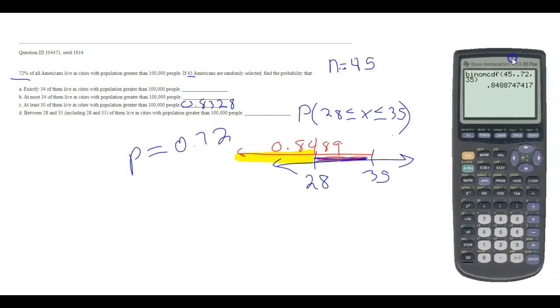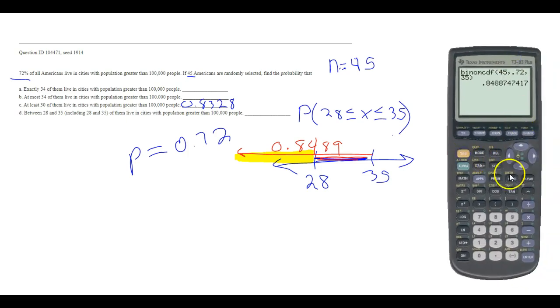So I'm going to go back to my distributions, back to my binomial CDF. There's the number of trials, comma, the probability, comma. Now I want 28 to be in the part I'm looking for. So I'm going to go one less to 27, because I'm going to subtract 27 and less out. I don't want to subtract the 28. And enter, and I get 0.0553.